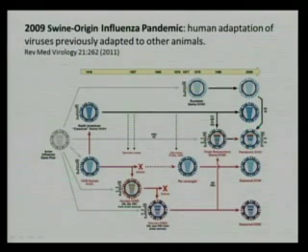Also from a triple reassortant swine virus, and then a European swine virus. And so you see all these colors here representing different segments of DNA from different species. Basically, it was from two different types of swine flu, a human flu and a bird flu. So it was a quadruple reassortment causing the 2009 pandemic.